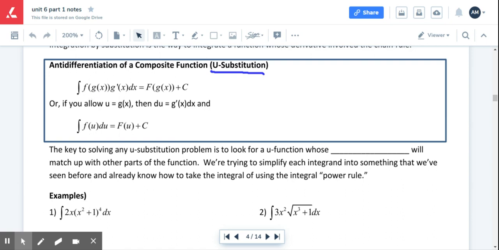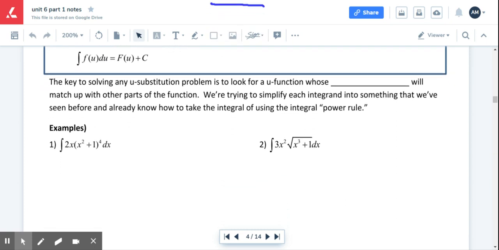Then we would call that u. Here, this is g of x, and we're choosing that because there's g prime of x over here. So we let u be g of x, and when we take the derivative, that derivative will also be substituted out. You'll see what I mean in a minute.